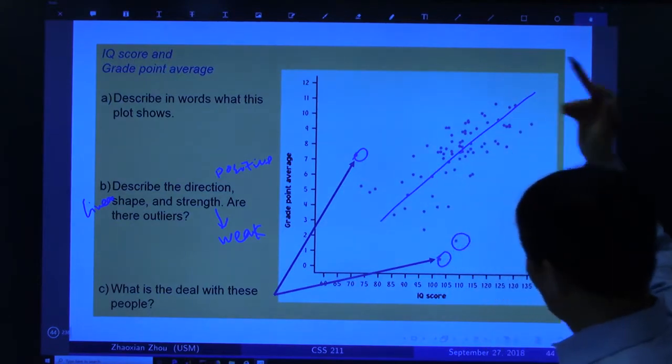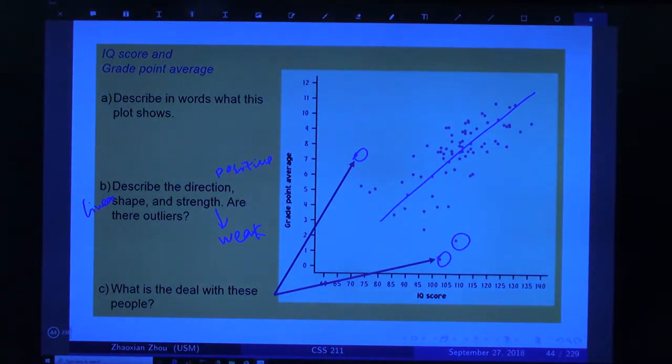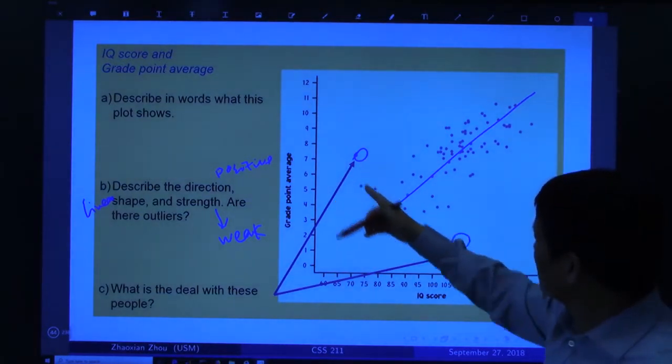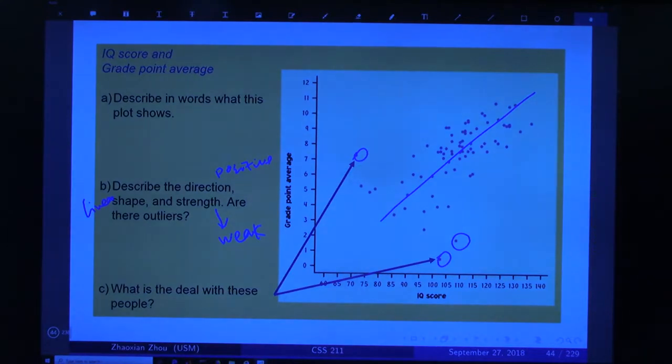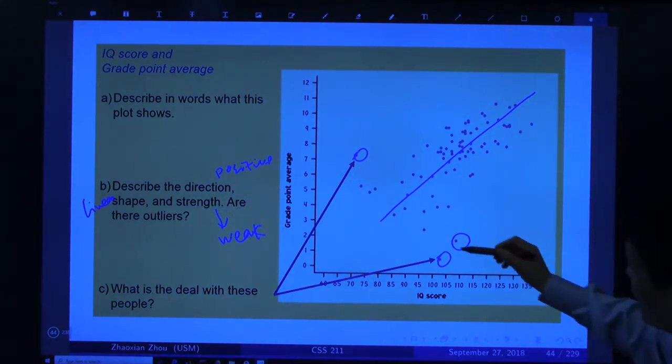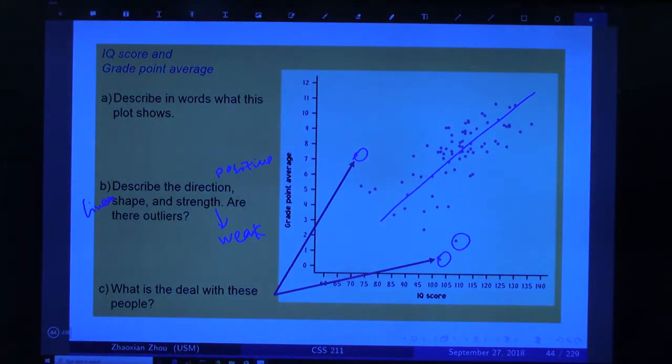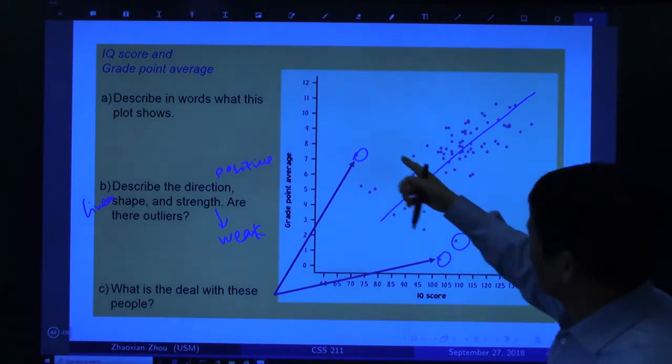But anyway, if we are looking for 1, 2, or 3 outliers, my best candidates will be this one, this one, and this one. Sometimes you may see this one is also an outlier, so that depends on your application. But to be safe, we can say these 3 are outliers.